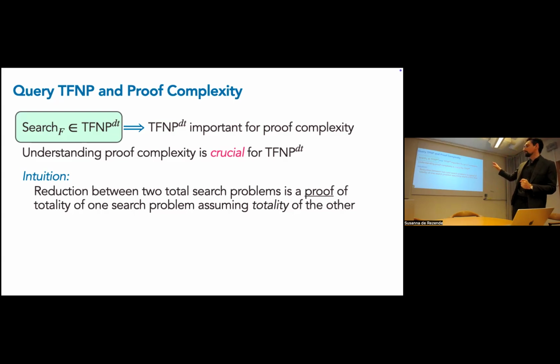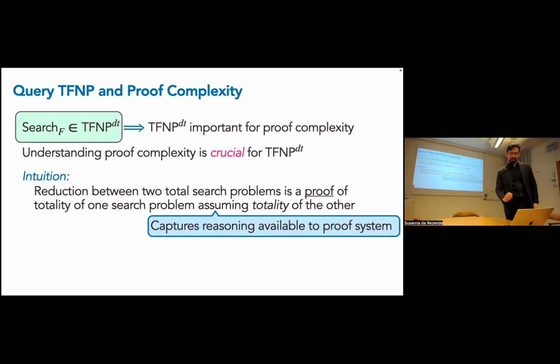So a proof is going to be a reduction between total search problems, and so you're reducing a problem P to a problem Q. P will turn out to be your unsatisfiable CNF formula. The reduction will be your proof, and Q will be the reasoning power of your proof system. So the proof system can basically prove reductions to Q. That's what we'll see in a second.